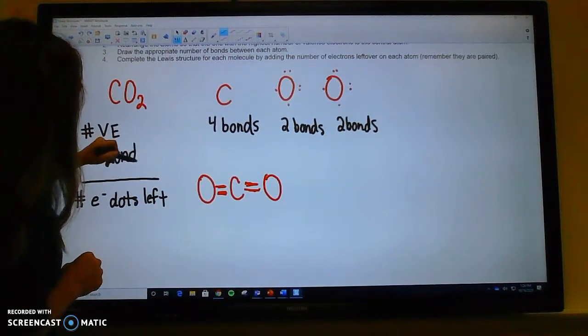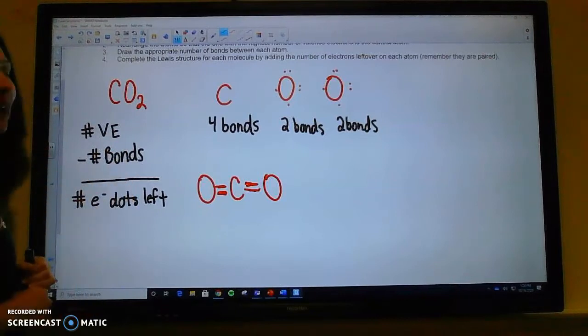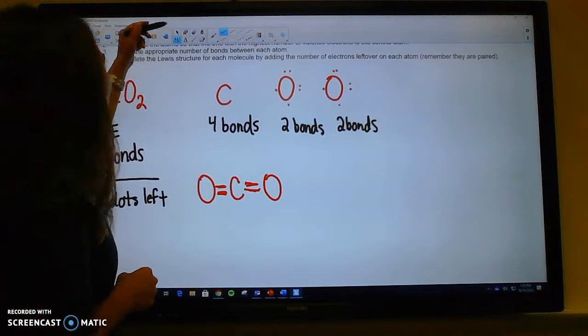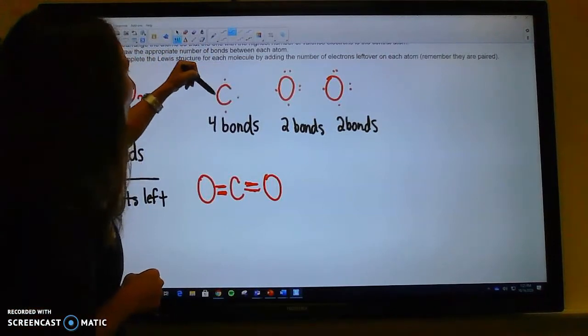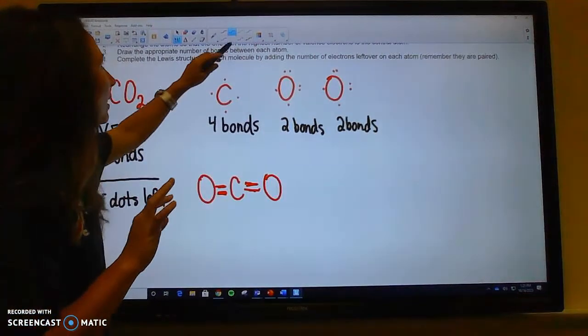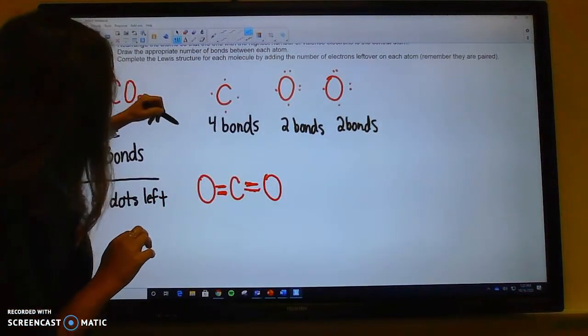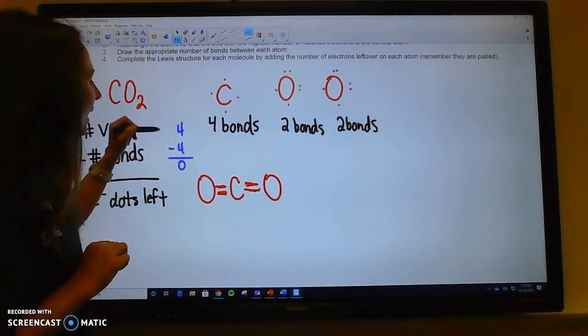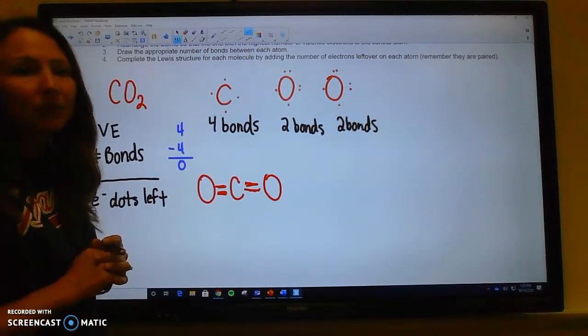This is for each atom. That's going to tell us how many dots we have left over. So carbon has, let's draw this again, carbon has 4 valence electrons. Well, it makes 4 bonds. So that's going to be 4 valence electrons minus 4 bonds. Carbon has 0 dots left over.